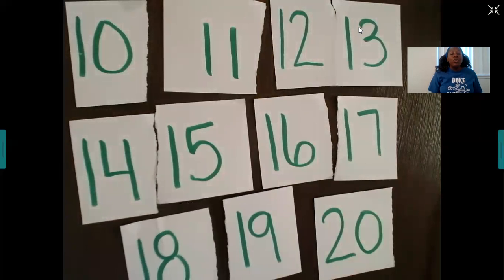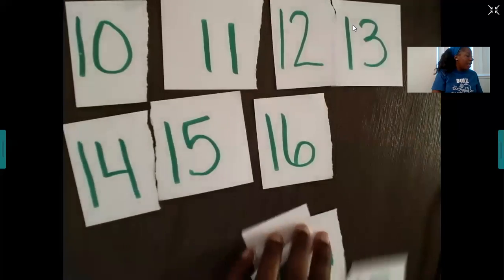Today, I want you to just practice putting your numbers in order, taking them out of order, putting back the missing numbers, and making sure that you know your teen numbers very good, in order and out of order. All right?